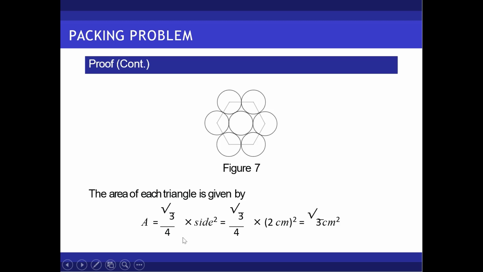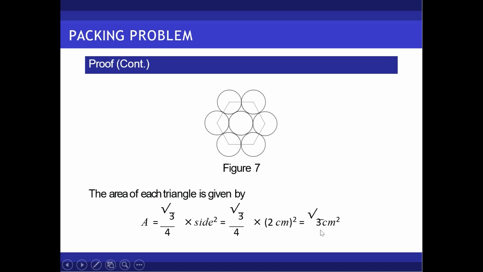This formula is used when we know the side of an equilateral triangle: square root of 3 over 4 times the square of the side. Substituting the side of the triangle, square root of 3 over 4 times 2 squared.